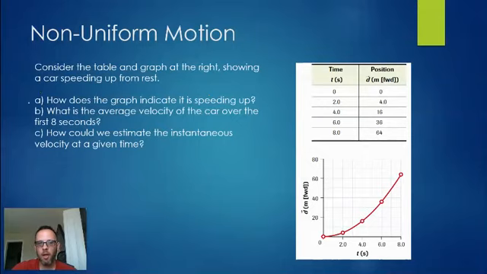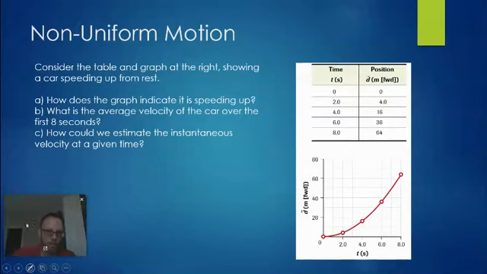So if you just want to think about it for a second, how does the graph indicate that it's speeding up? You can pause and think about that for a moment, or maybe you've got it right now. But if you recall, in a DT graph, steeper means faster. Well, here we can see that, if you think about the slope of this, let me move my handsome image up a little bit.